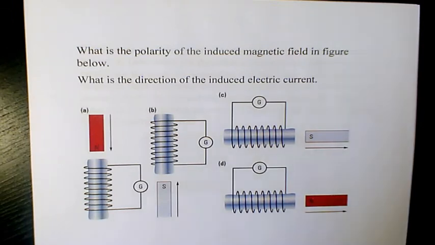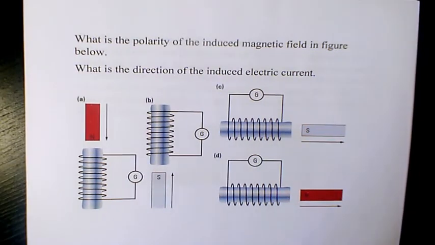Now in this example, we need to find out the polarity of the induced magnetic field in the figure below and the direction of the induced electric current. So we need to use both Lenz's law and also the law of electromagnetic induction.